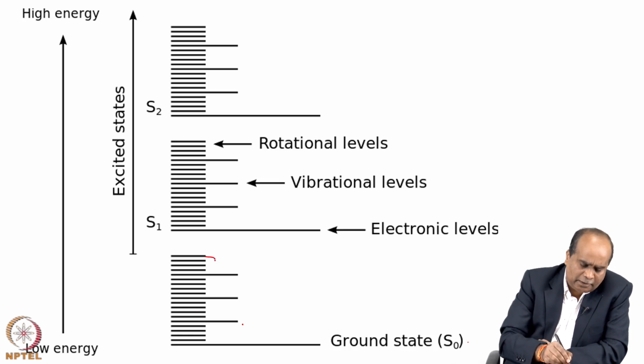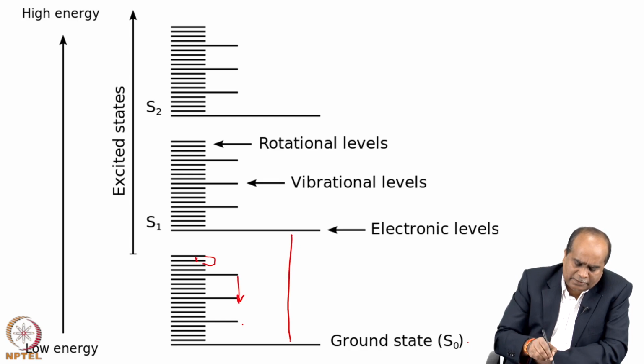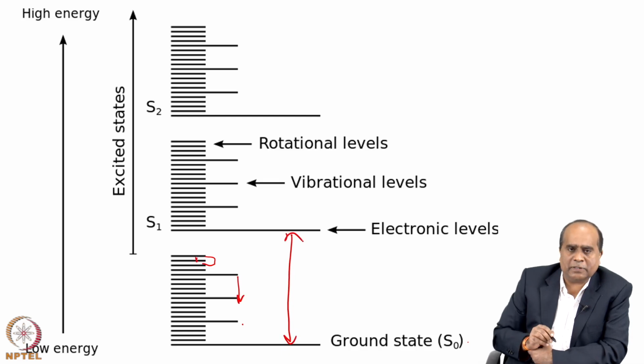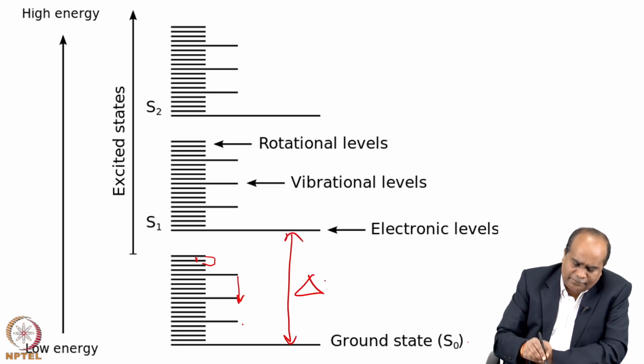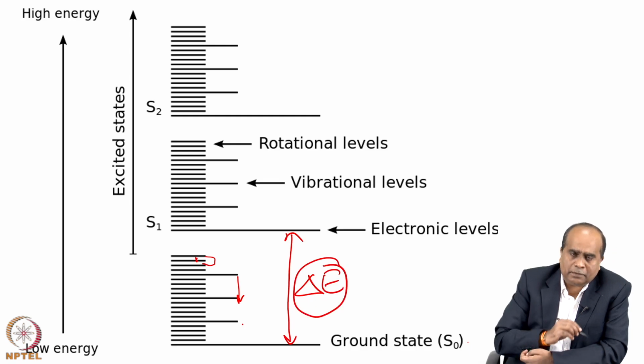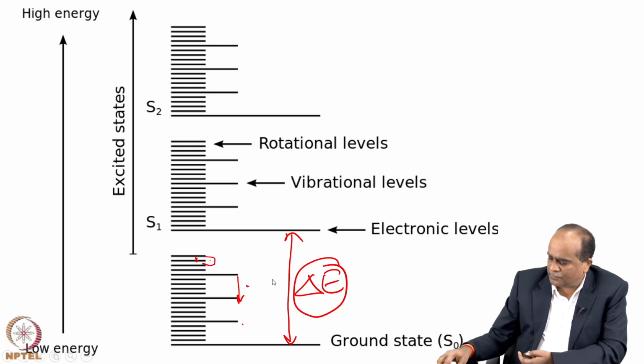So, if you look here, the rotational level gap is quite small compared to the vibrational level, and that is quite small compared to the electronic state. So, delta E for electronic spectroscopy is much more than for vibrational spectroscopy, and than for rotational spectroscopy.